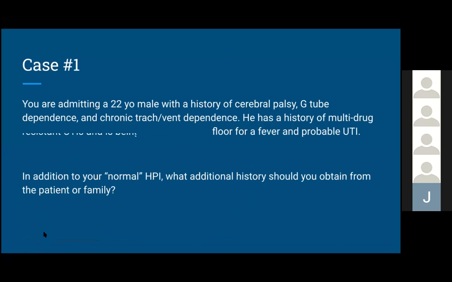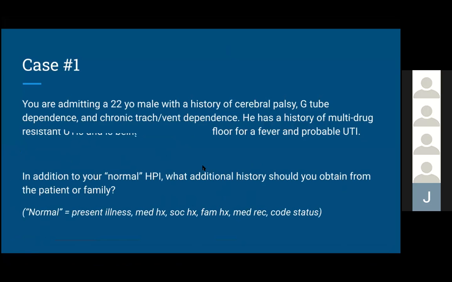So in addition to the normal HPI that you would ask any other adult patient, what additional history would you think you might obtain specifically for this patient given some of his medical complexity? If folks just want to chat it or unmute, whatever works for y'all.